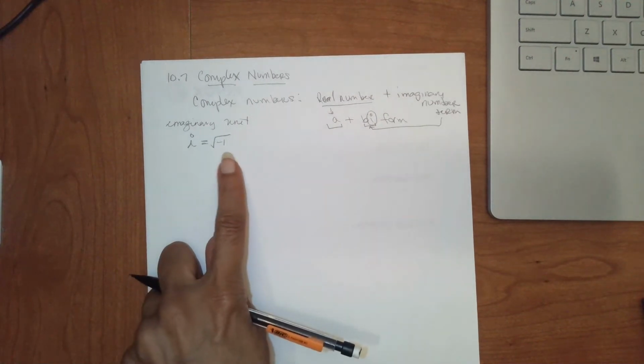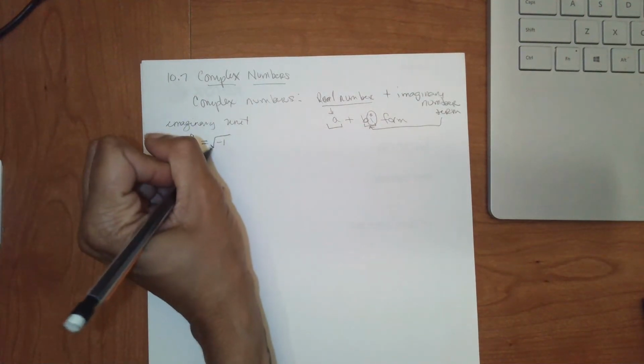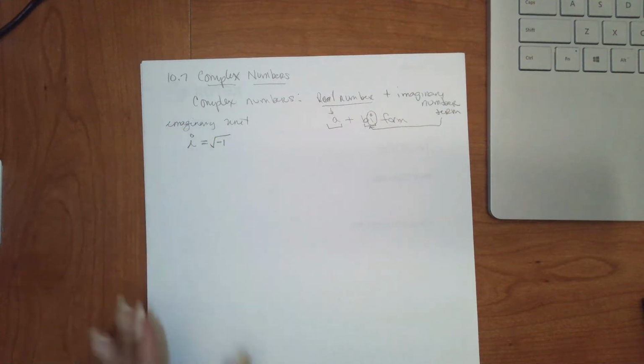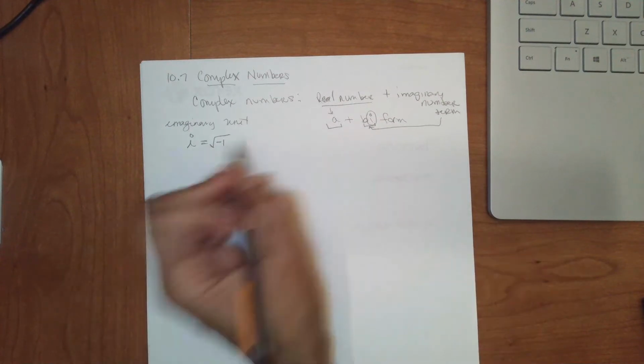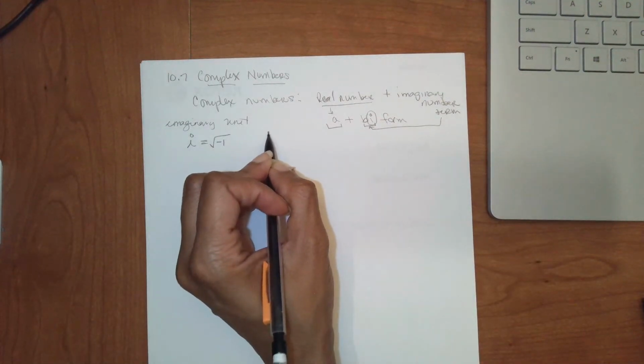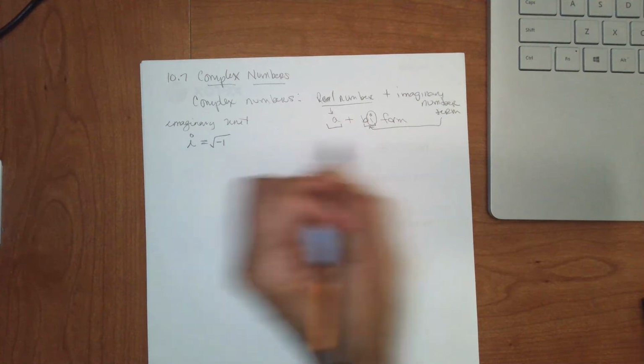When we have the square root of a -1, we want to understand that when we're squaring something, there's no way you can square something, meaning raise it to the second power, and have it come out as a negative. Let's look at an example in a little side bubble.